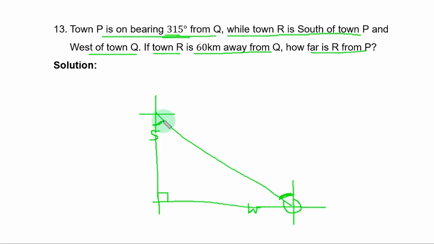So if here is 45 degrees and here is 90 degrees, this other angle is 45 degrees. We are asked to get how far R is from P. That is this distance. We can use the sine rule to get the required distance.